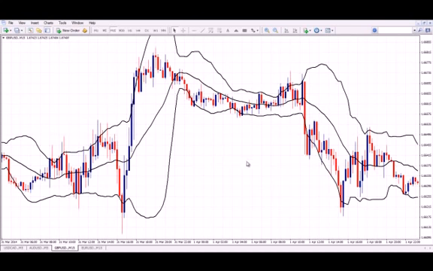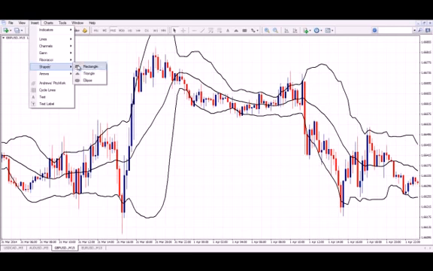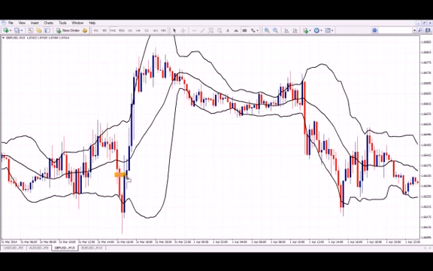Now, an oversold signal is when price comes all the way down to the lower band, closes at the exterior of the band, and then we have a bullish engulfing candle. Now let me just insert a rectangle so you can better understand what I am talking about.